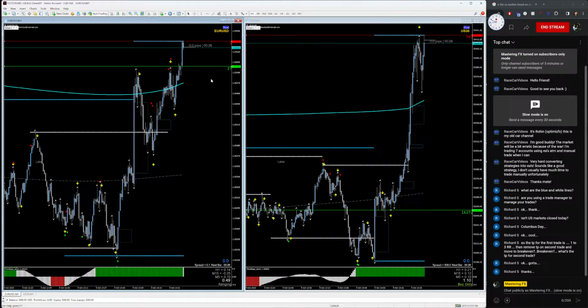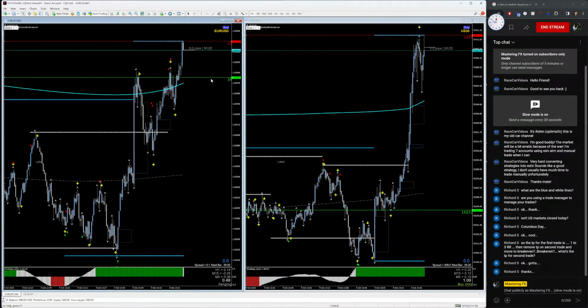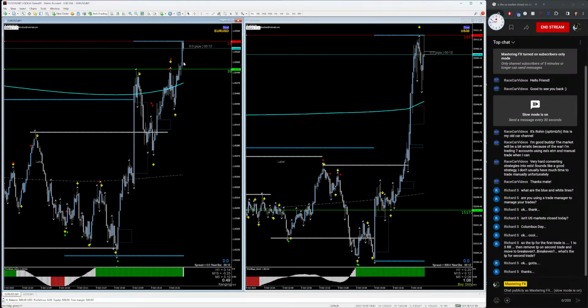So let's see what happens. And I always wait for candle close. Very important. Never jump the gun. But this is white now, so this is a good sign. That means there's weakness now. And we are outside of the band.